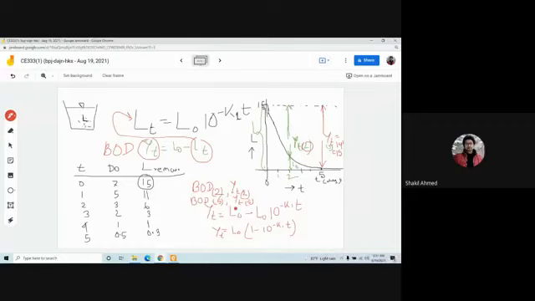Now, usually we take it at 5 days. Why? Because after 5 days, usually 95% is consumed. Then you will get this 14.7, approximately 15. Actually, we need this value.